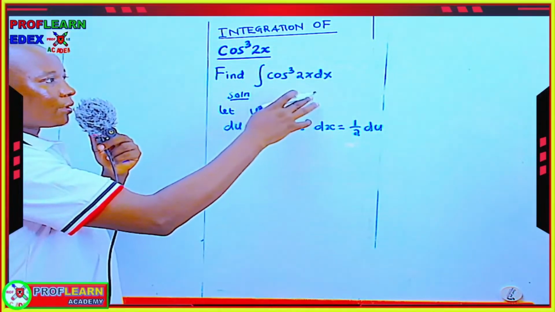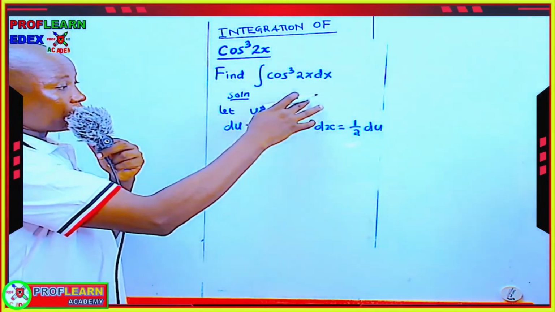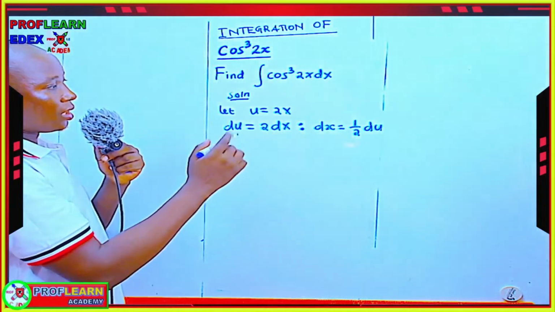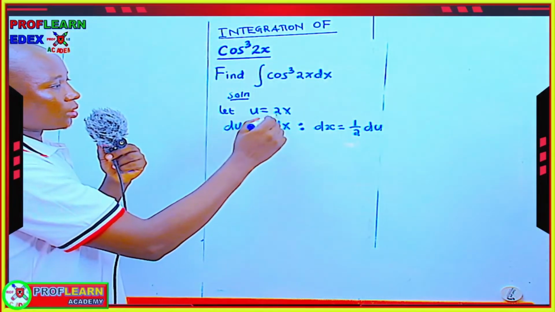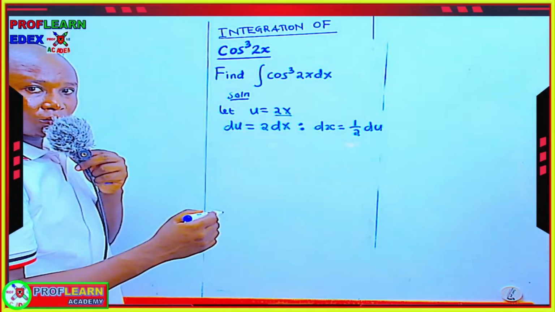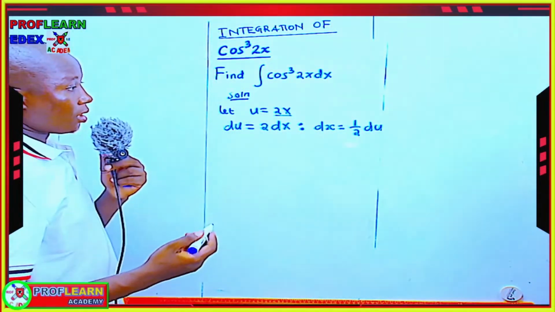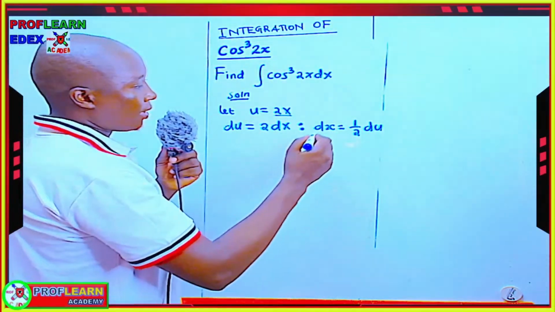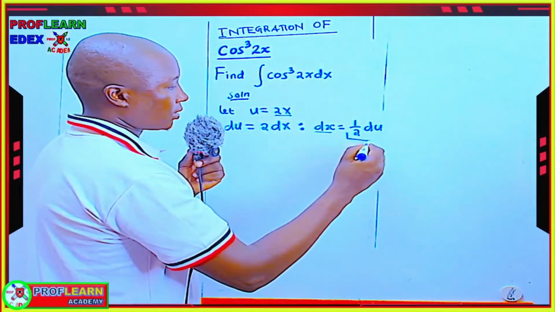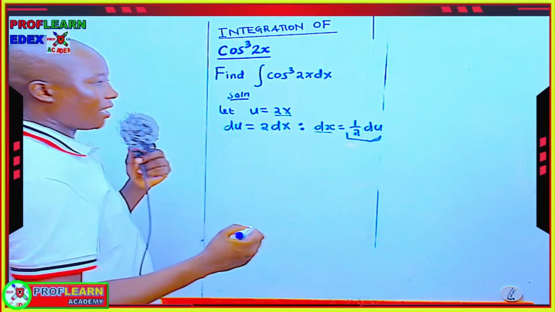Then we need to go back to the expression that we were given. Anywhere we have 2x, we're going to replace it with u, and anywhere we have dx, we can replace that with a half du.